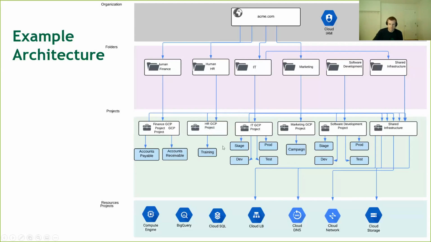And one thing, if I jump in here as well, to highlight: I love that you did that. The best practice that Google preaches is to create as many projects as you can, almost. As you have dev, stage, and prod here, that's definitely one project per environment, per application.